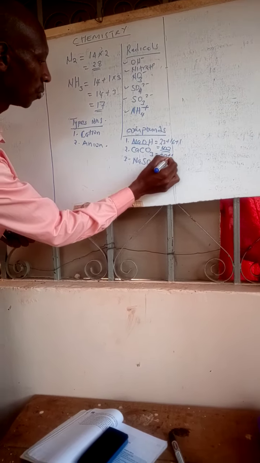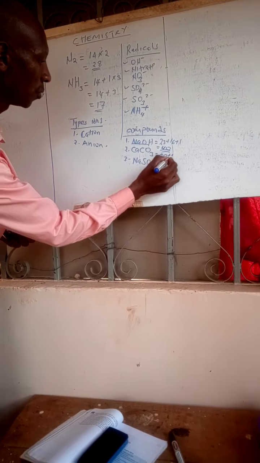On to the last one, that is sodium sulfate. There is a valency of 2 here because sulfate is a radical and the valency of sulfate is 2, and therefore the formula becomes Na2SO4.